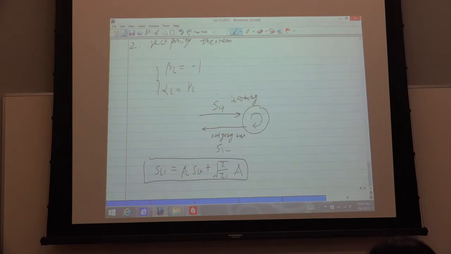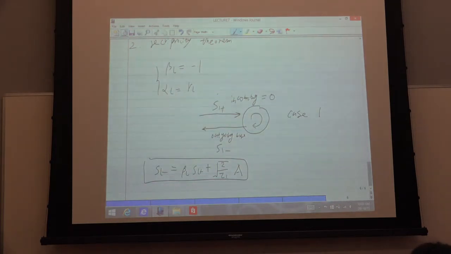So this is the first case, case 1: no incoming wave. When the cavity is coupled to this waveguide, it produces SL minus.